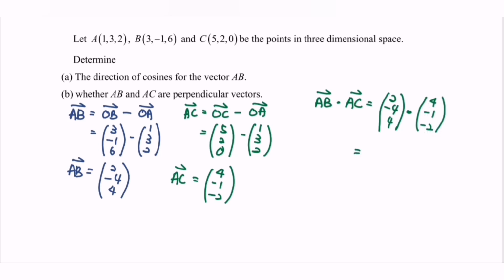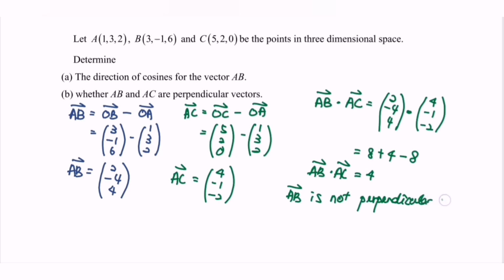So AB dot AC is 8 plus 4 minus 8. So AB dot AC is equal to 4. As a conclusion, vector AB is not perpendicular to vector AC.